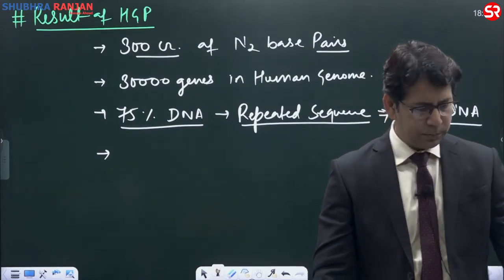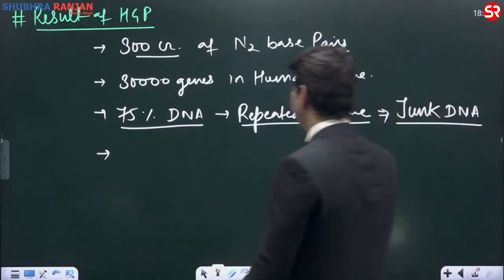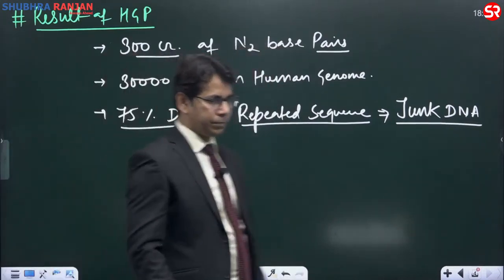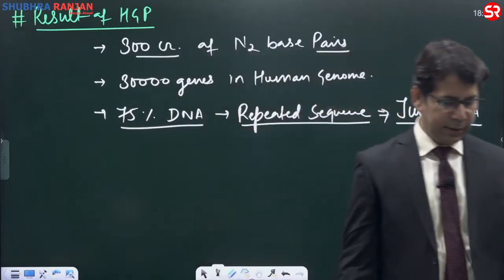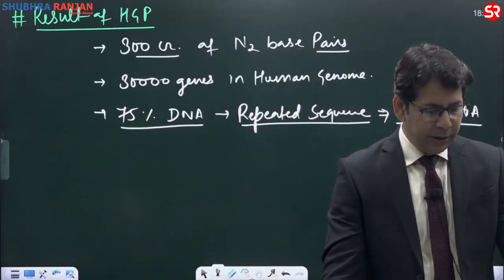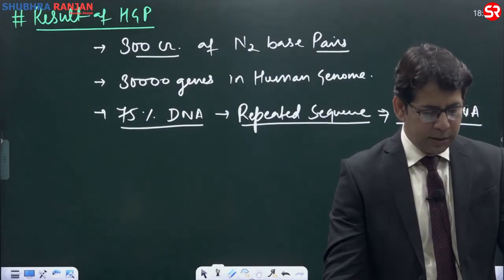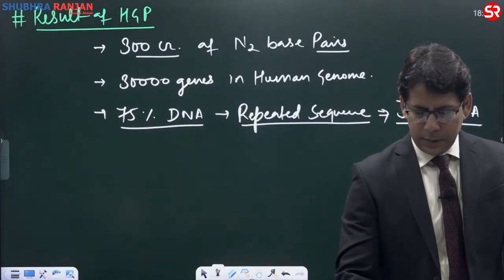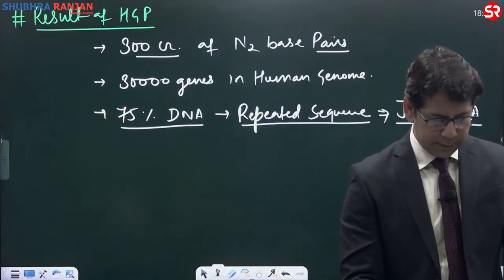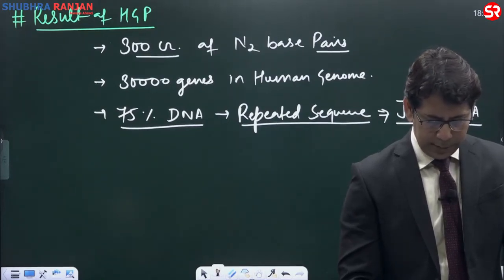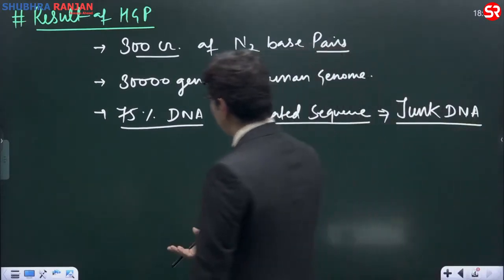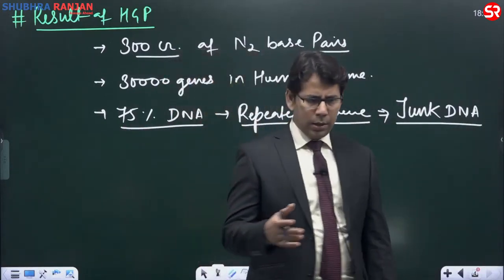So you can write: genetic similarity between any two human beings is 99.9%. Yeah, roots are same, and there are a lot of things which are same. 99.9%.